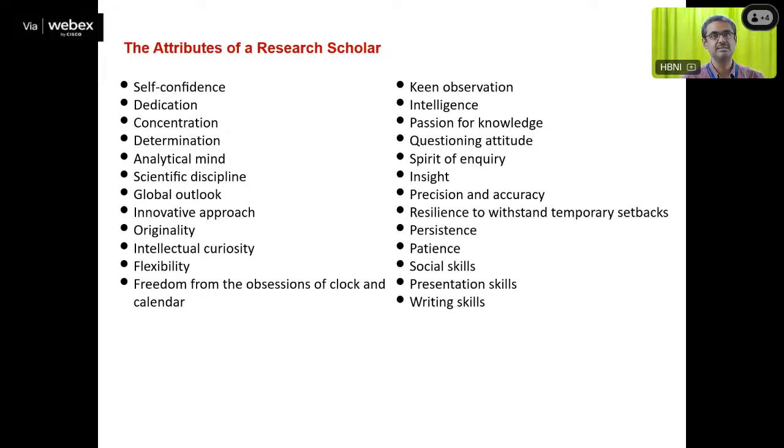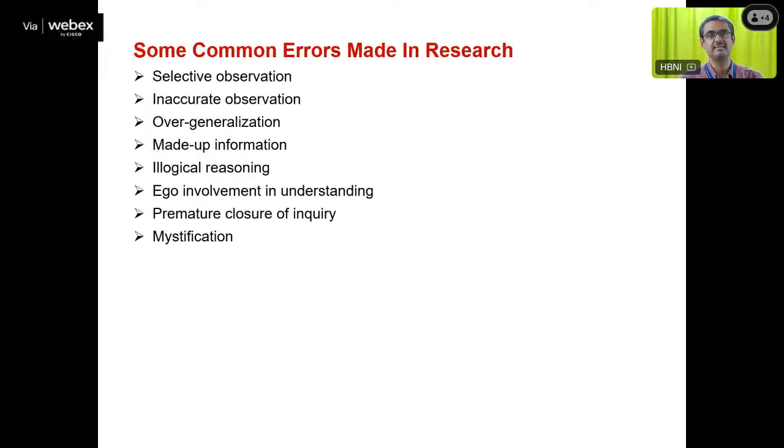These two slides are outside the syllabus, but I thought we could discuss them so that you can keep them with you. If you have setbacks, or lack some of these attributes, you can try to improve, and we should minimize errors in our research in this fashion.